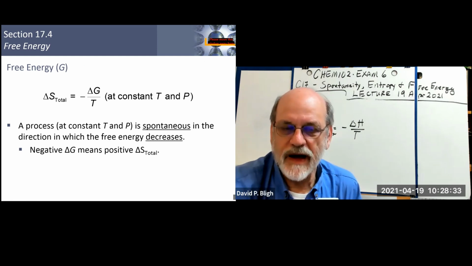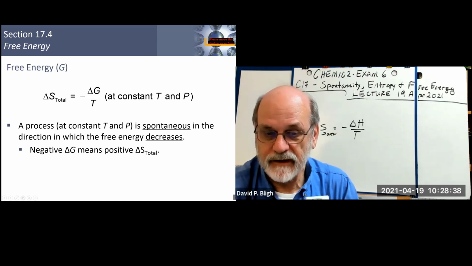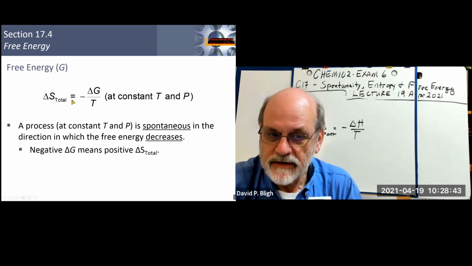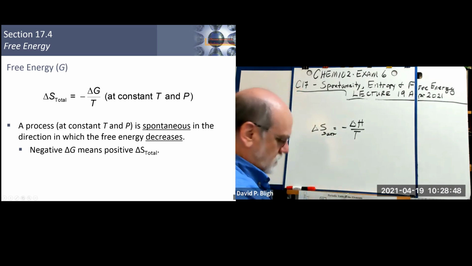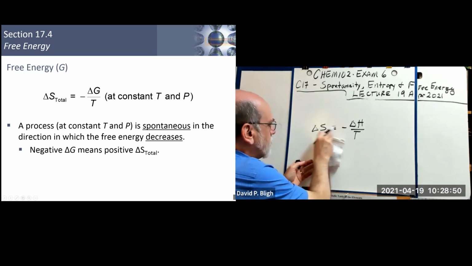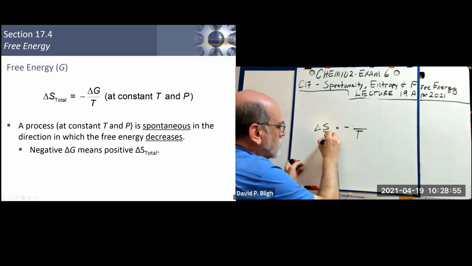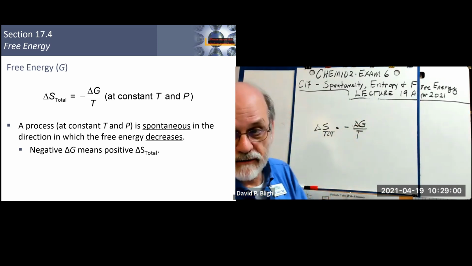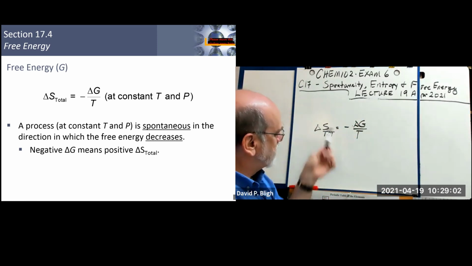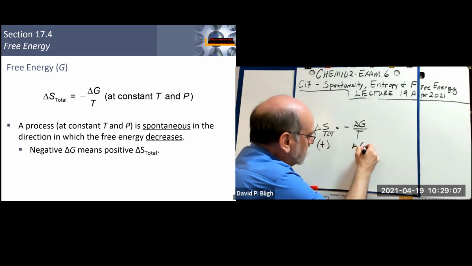All right, what does that equation tell you? It tells you that delta S total must be positive, so now we're going to change this. This is now total, and this is delta G for Gibbs free energy. If this has to be positive to be spontaneous, what does delta G have to be?